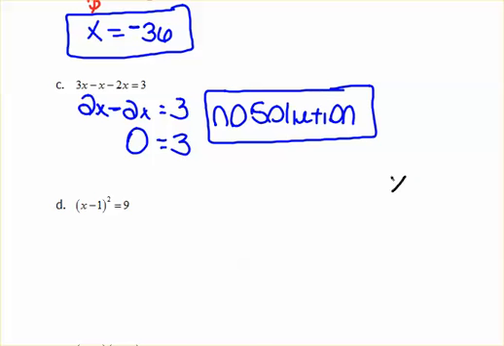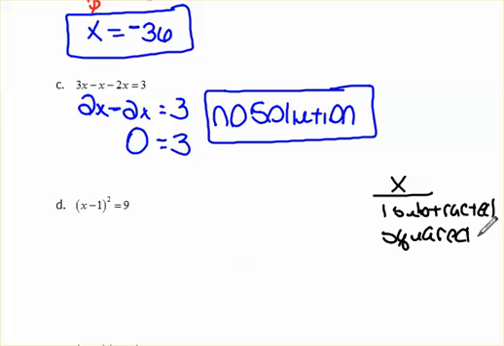So what's happening to x? We have 1 being subtracted, right? And then the whole thing is being squared. So what we're going to do is remove each one of those things, and we always go backwards. So whatever I said last is what we're going to do first to correct it.